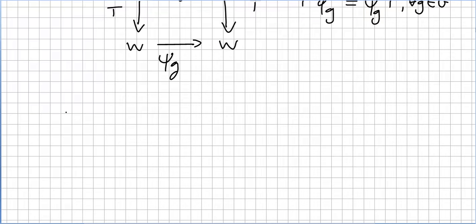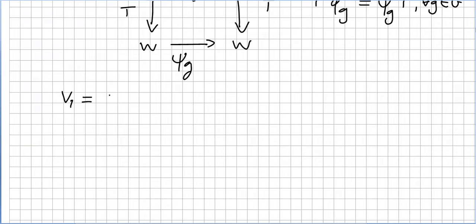Let us pick now V1, and let us say that V1 is the inverse transform of W1, one of the subspaces of W, and let us call V2 the inverse transform of W2, that is, W2 left multiplied by the inverse transformation.